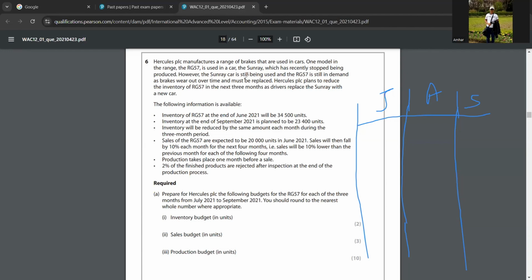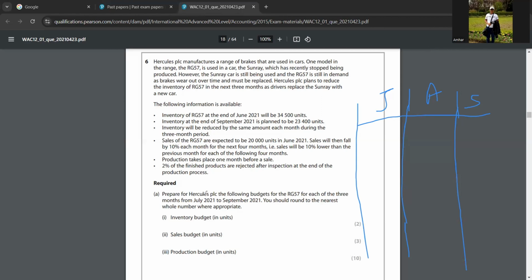However, the Sunray car is still being used and the RG57 is still in demand as brakes wear out over time and must be replaced. Hercules PLC plans to reduce the inventory of RG57 in the next 3 months as drivers replace the Sunray with a new car. So the following information is available.